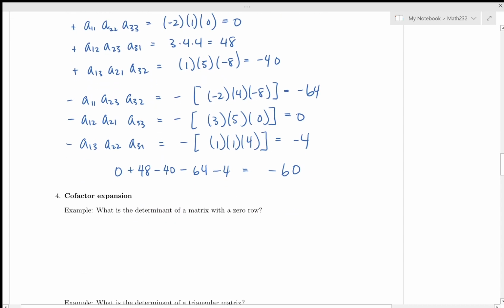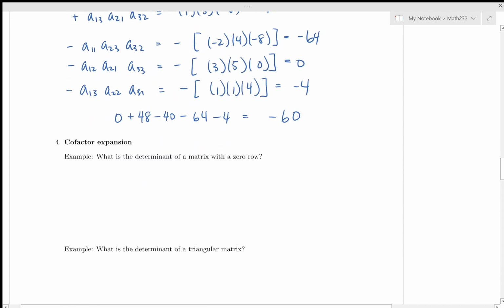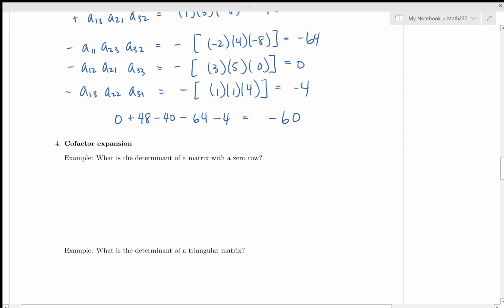Okay, a couple of notes before we move to how to do the cofactor expansion. What is the determinant of a matrix with a 0 row? It is 0. Think about this. Each product has one number from each row.